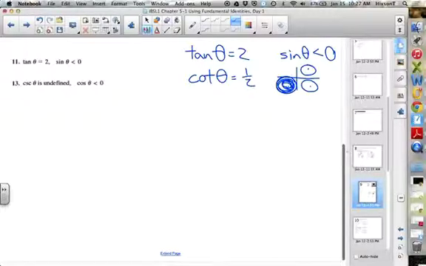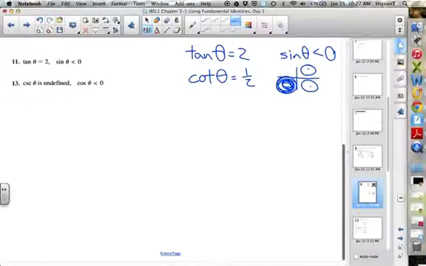And then you know that cosine is 1 and sine is 2? Sine can't be 2. Never mind. You have to use one of the Pythagorean identities.